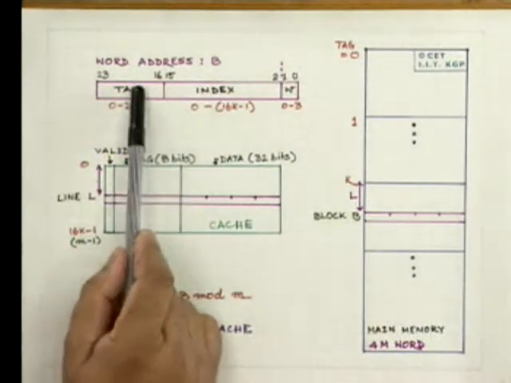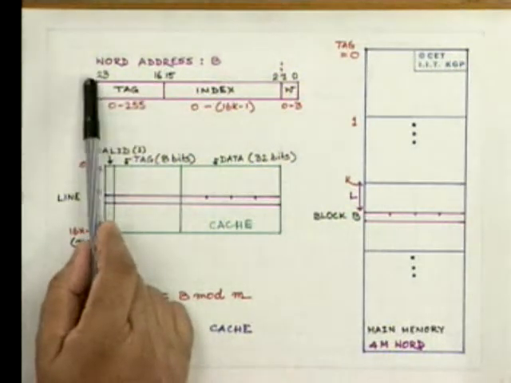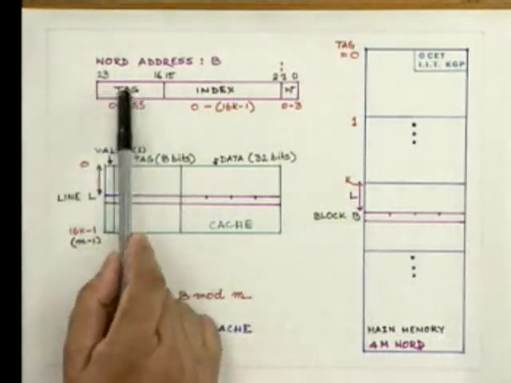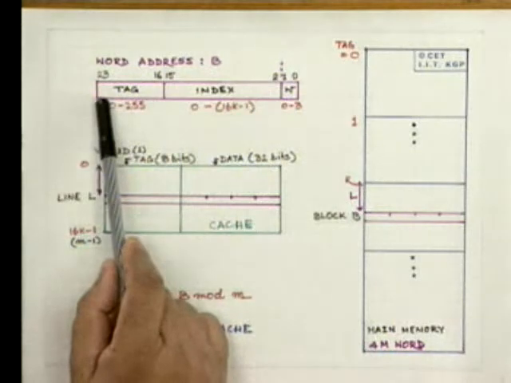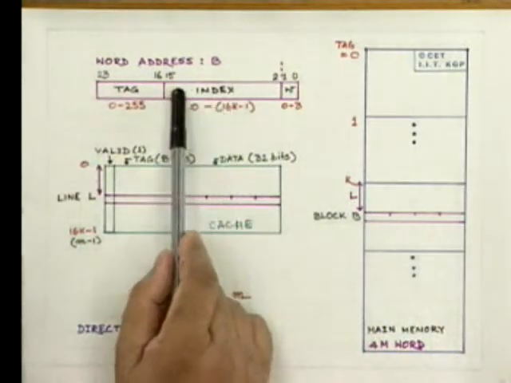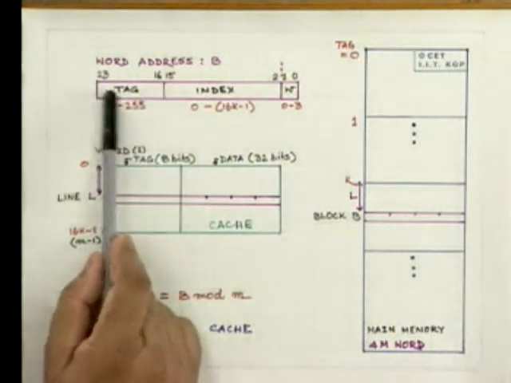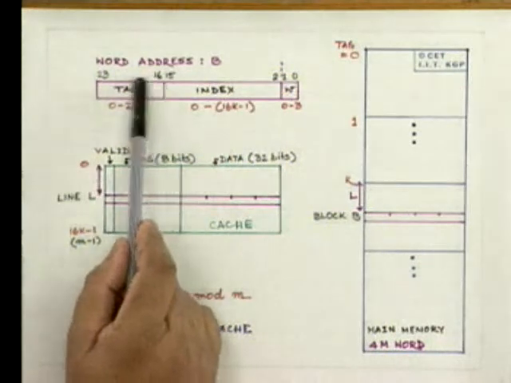Then another 8 bits here, from 16 to 23, which we call the tag. Therefore, the complete word address is divided into two parts: one we call the index, consisting of 14 bits, and another is the tag field, consisting of 8 bits.